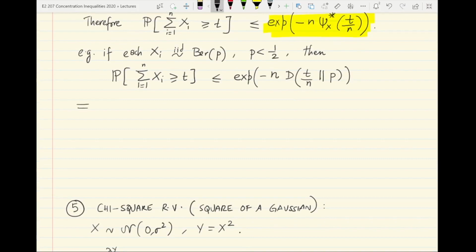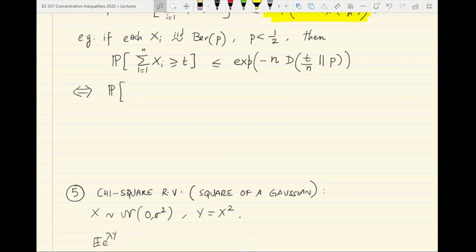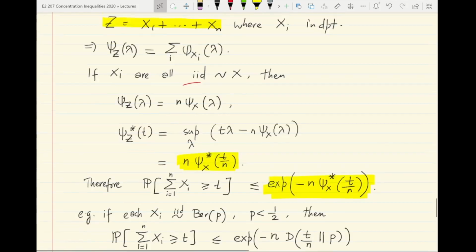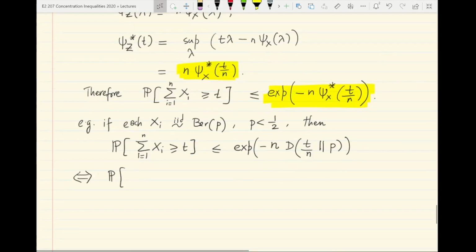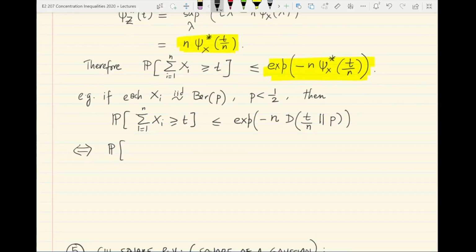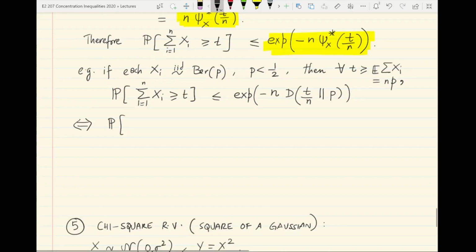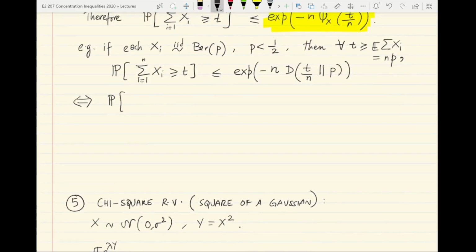So in other words, if you normalize, so this is by the way for t larger than or equal to the mean, larger than or equal to the expected value of x_i, which is equal to np in this case. We have the following bound, and one can just divide by n throughout and reparameterize to get the following result.